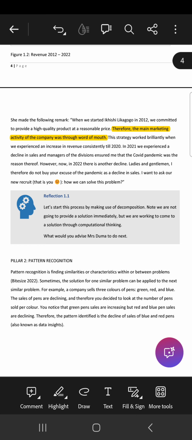In the previous video we did go through decomposition. We did get more acquainted with what the concept of decomposition actually is, what it means, and how it relates to a computerized environment or to computational thinking.